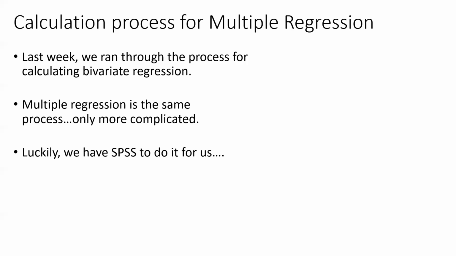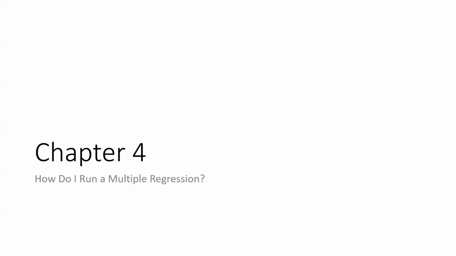Multiple regression gets a lot more complicated, and we're going to use SPSS to do it. I'm not going to ask you or even show you hand calculations for multiple regression. Chapter 4 focuses on how to run multiple regression using SPSS and other statistical packages.